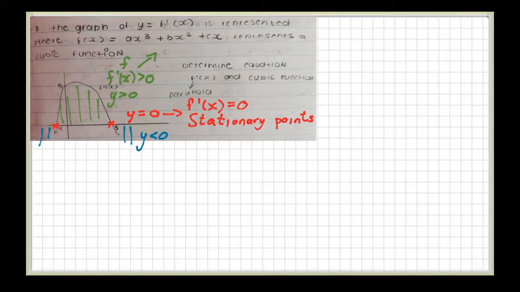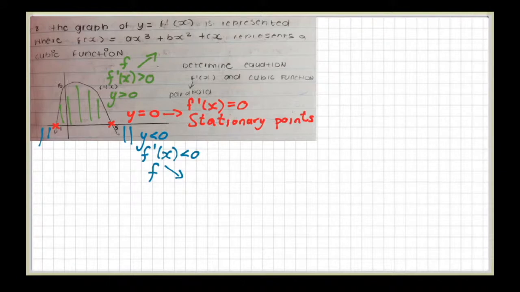And if I look at the blue part, remember y is f'(x). That means that f is decreasing on the right hand side of 5 and the left hand side of -1. So let's quickly get a move on here, and let's draw f(x).